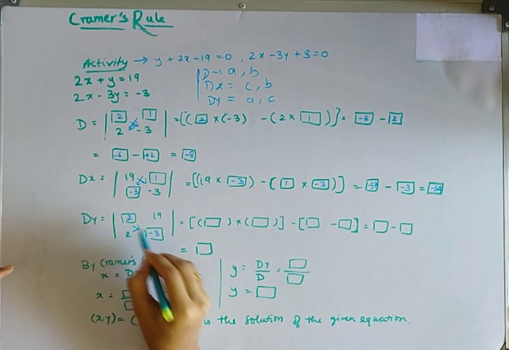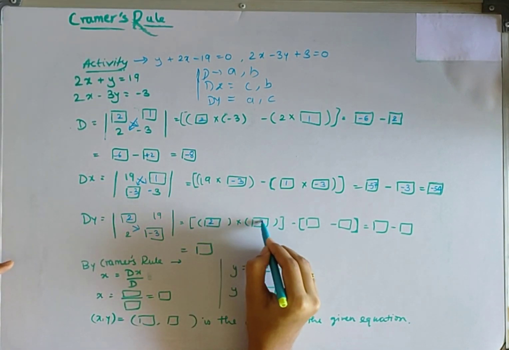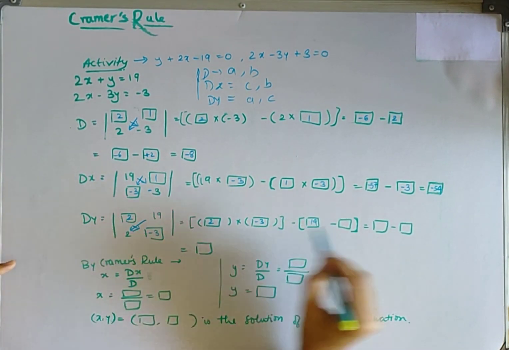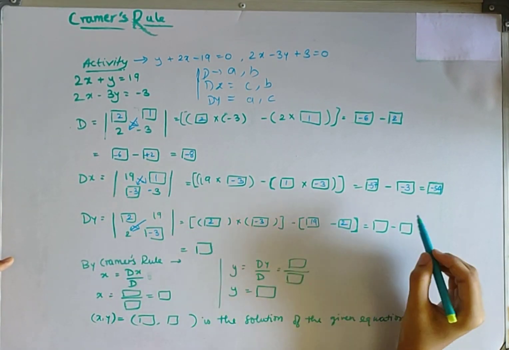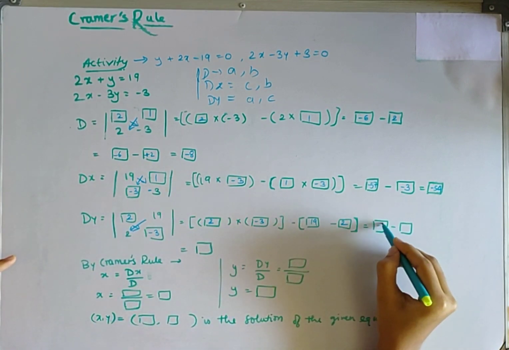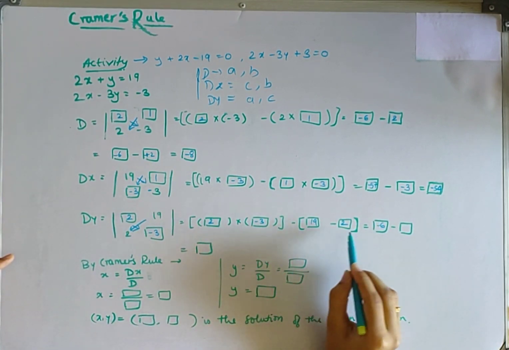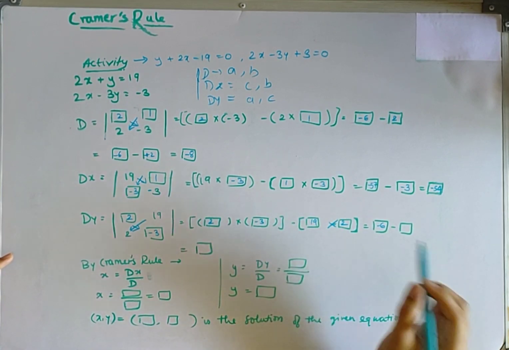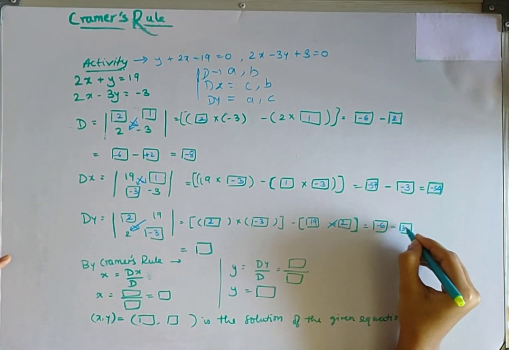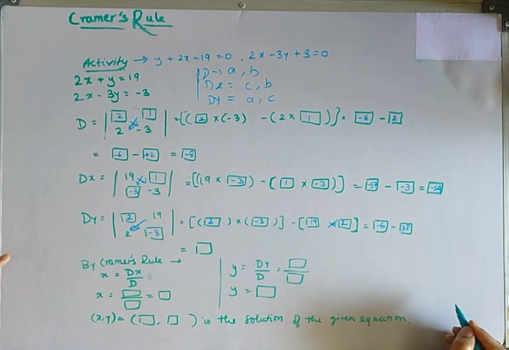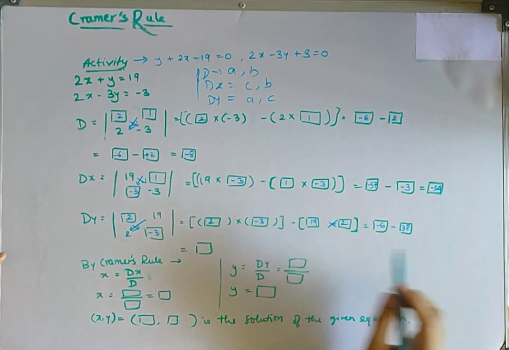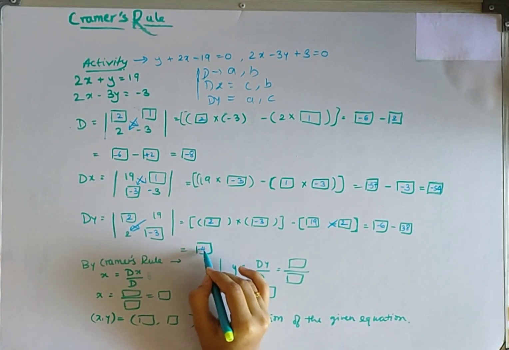Now let's solve this. 2 into minus 3 is minus 6. Then 19, here it is a multiplication sign. 19 into 2, 38. So what will be your answer here? Minus 6 minus 38. That is minus 44.